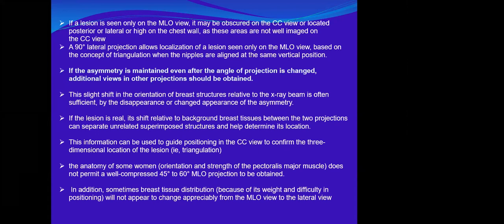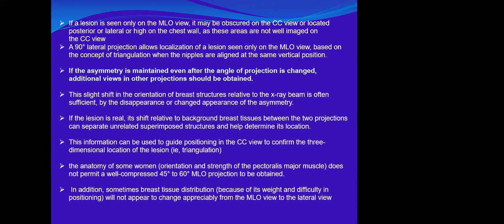If the lesion is real, the shift relative to background breast tissue between the two projections can separate unrelated superimposed structures and help localization of that lesion. This information can be used to guide positioning in the CC view to confirm the three-dimensional location of the lesion, or the triangulation.